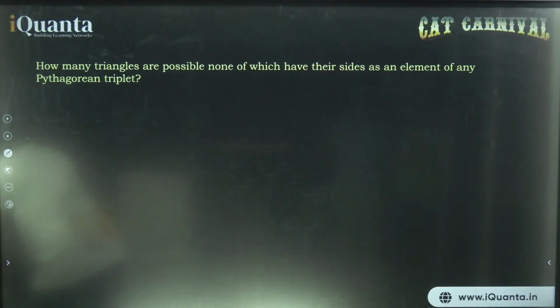New matrix 7 7 7 is not possible because we can make a triplet with 7 24 25, isn't it?